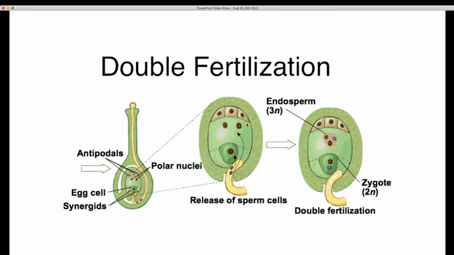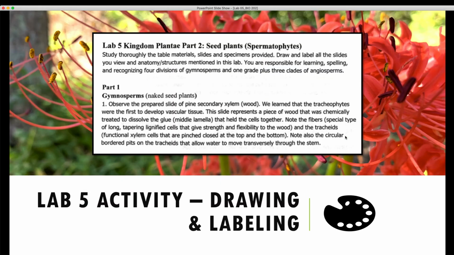So we have 1 sperm cell and 2 polar nuclei. Those are haploid cells, so they're going to fuse together to make a triploid cell. And then the other sperm cell fuses with the haploid egg cell, and then we get a diploid zygote. So that is called double fertilization. You will need to know that.